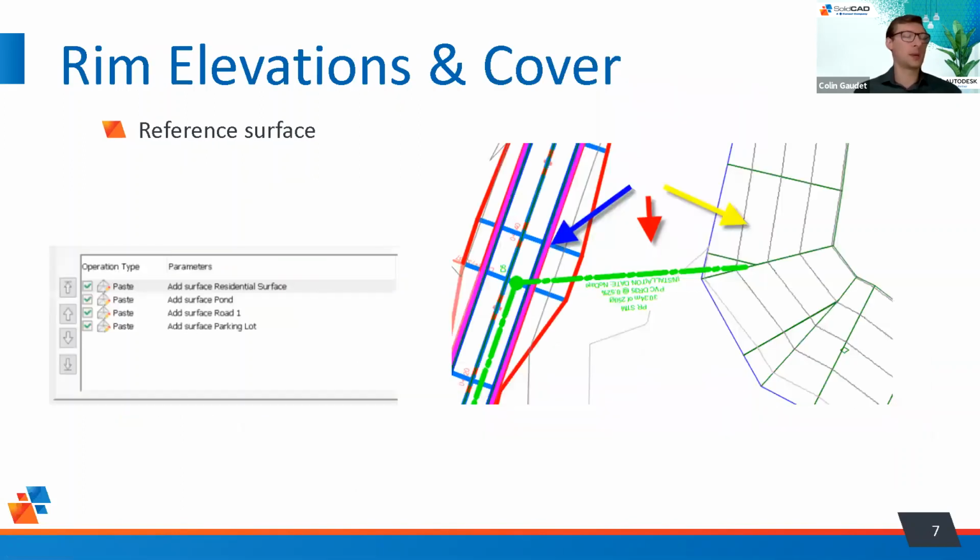When it comes to rim elevations and cover, with pipes, you're going to run into a situation where you've got 1, 2, 3 different surfaces that pipe is crossing. How am I supposed to perform that cover rule to check and make sure that that pipe has enough cover across 3 surfaces? I can only have 1 reference object.